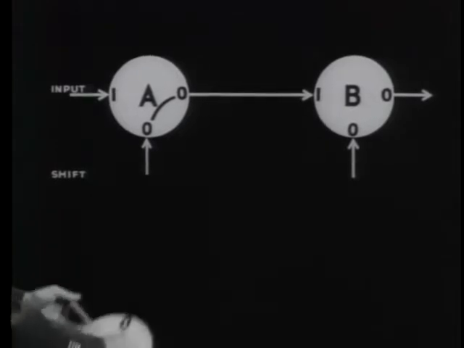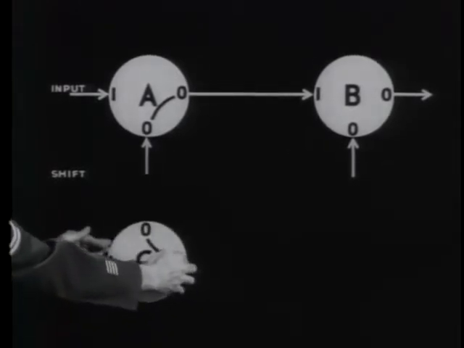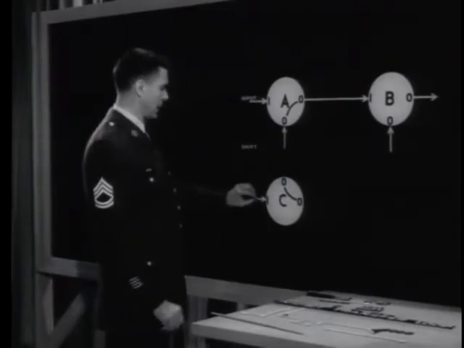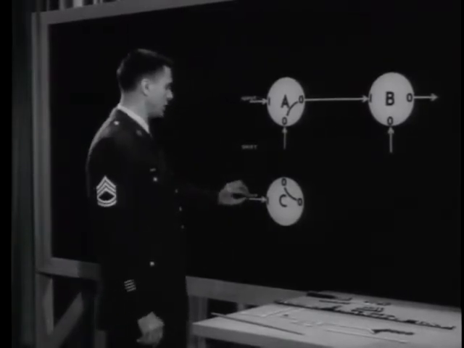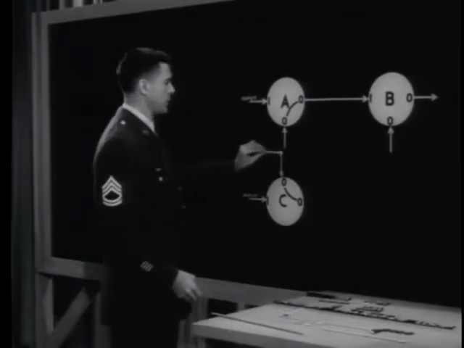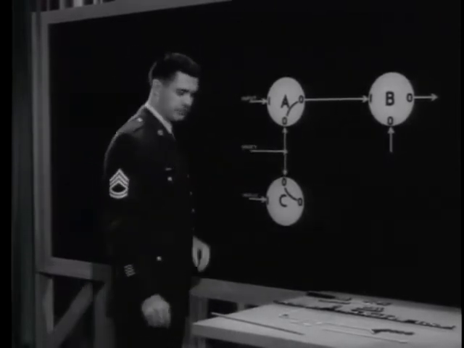We'll need only two inputs to core A: the input pulse that switches core A to binary 1 and the shift pulse. But we'll be using 3 cores. The third core, C, has its own non-dot input, and it shares the shift pulse with core A.